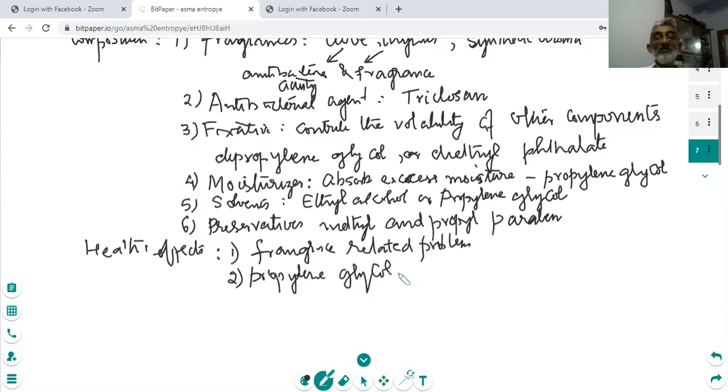Not always, only in some persons it may cause allergy. So that is of concern, and it may lead to skin irritation.